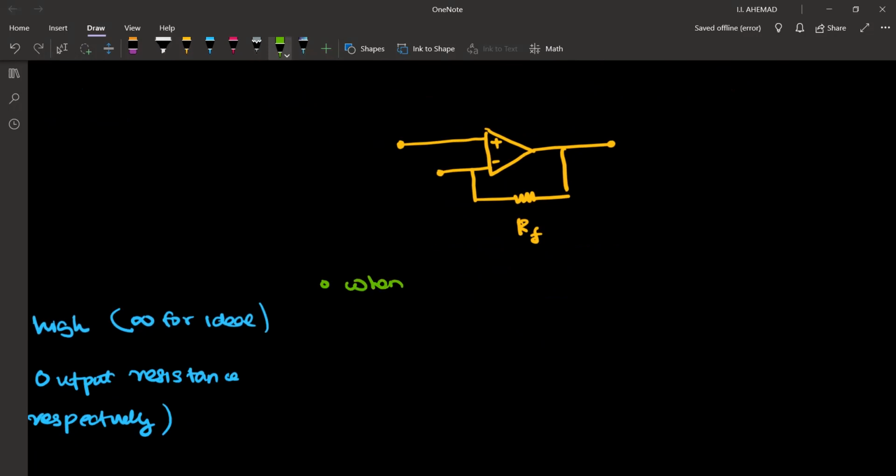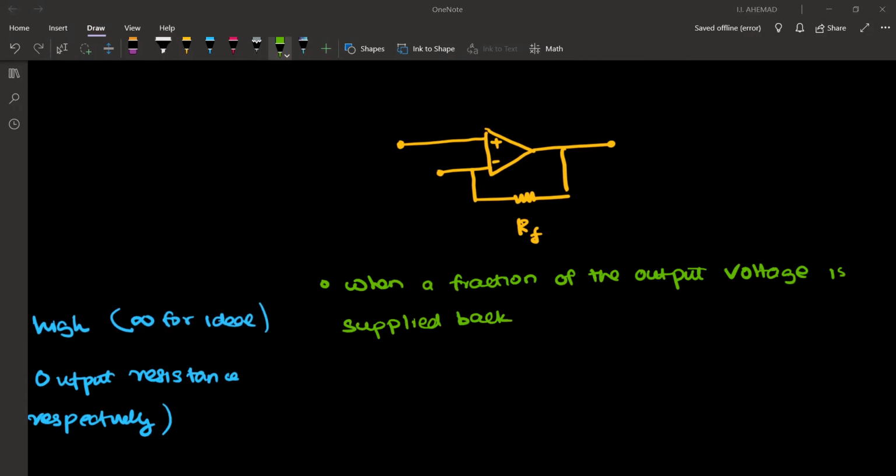When a fraction of the output voltage is supplied back into the input, it is known as feedback.